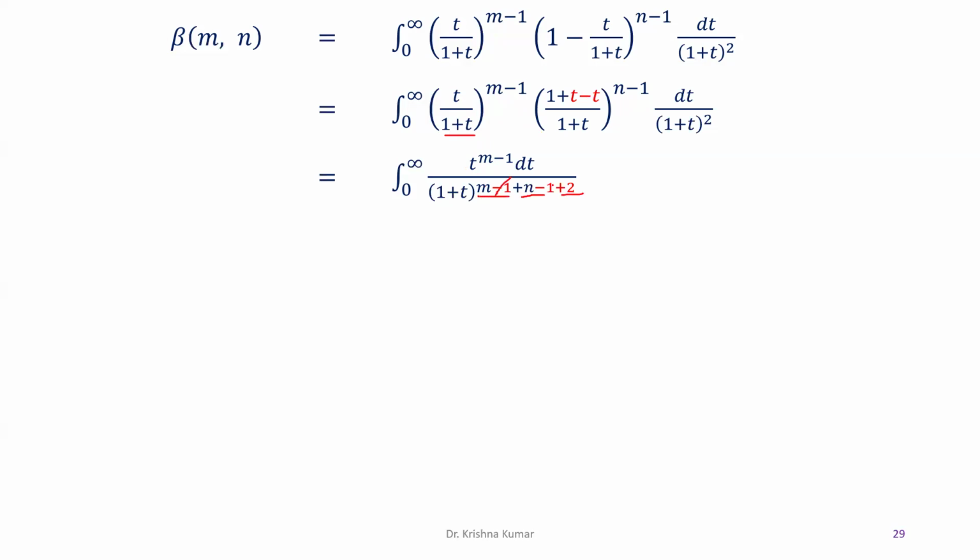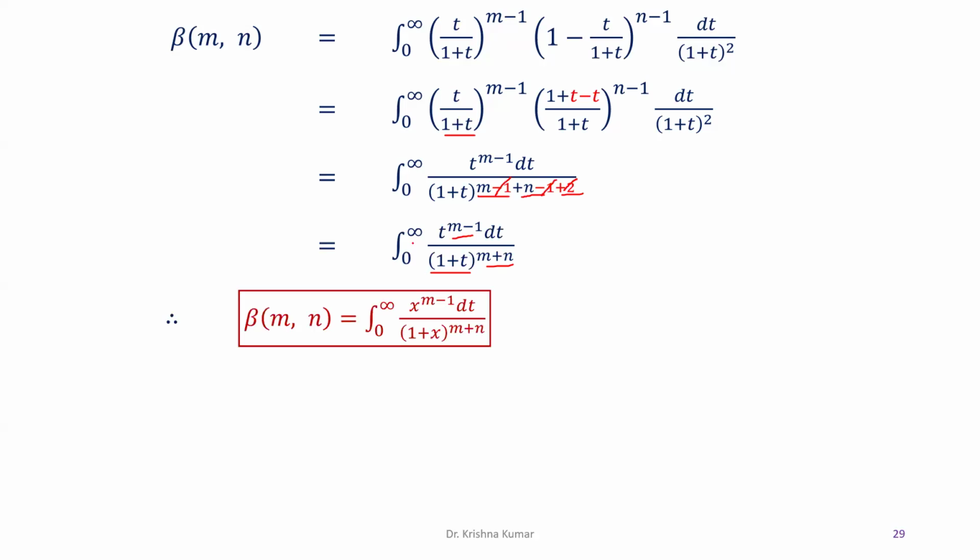So this minus 1 is minus 2, and plus 2 will cancel. So we have beta of m,n is equal to integration of t to the power m minus 1 upon (1 plus t) to the power m plus n dt under the limit 0 to infinity.